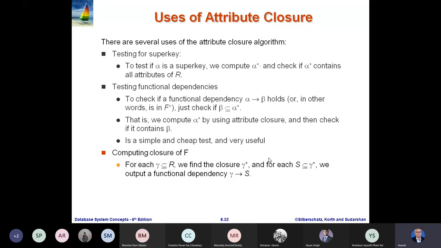So you can also use the attribute closure to compute the closure of F itself. That is, you can compute F plus from alpha plus.